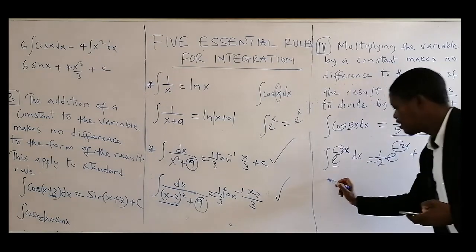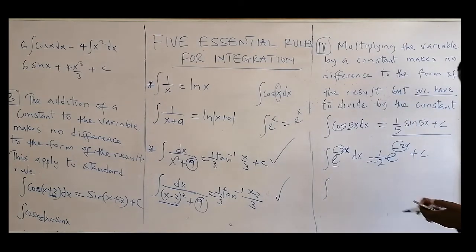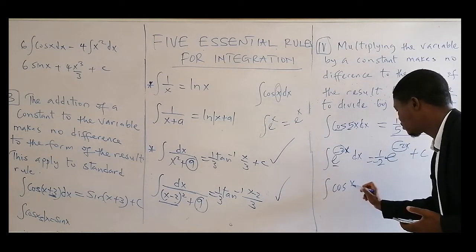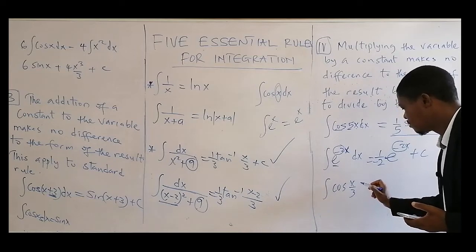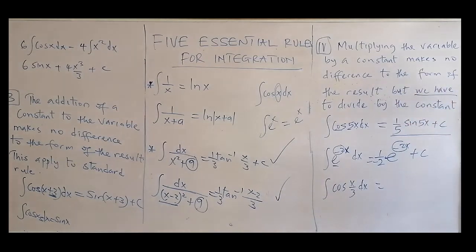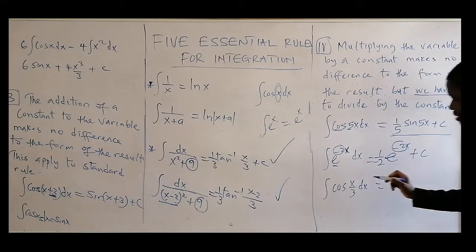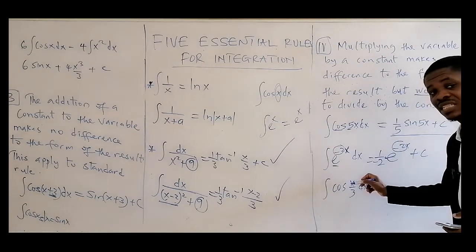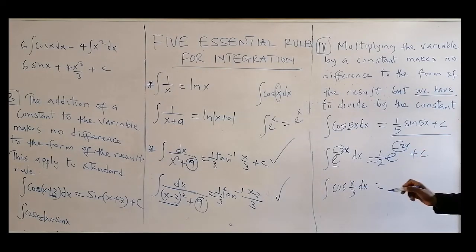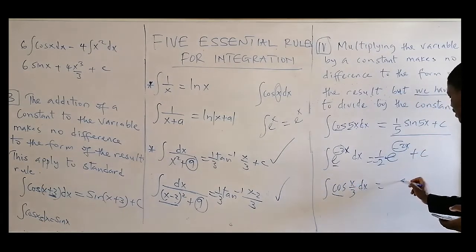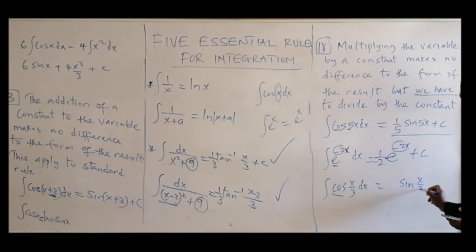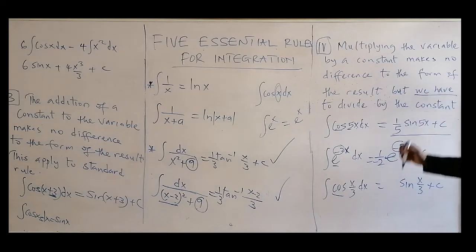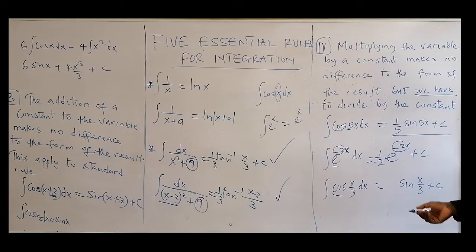Okay. Another one again, let's see the integral of cos(x over 3) dx. Don't forget, in this case, we are multiplying the variable by 1 over 3. First thing we must do: the integral of cosine is sin(x over 3) plus c. It makes no difference, but we must divide by that constant which we are using to multiply the variable.